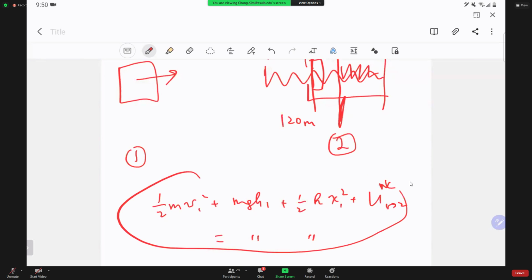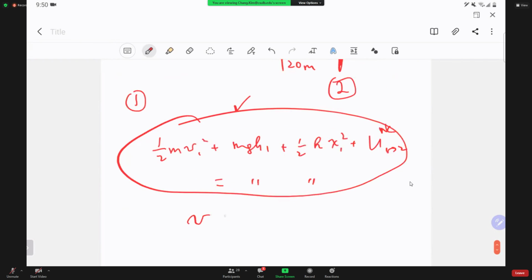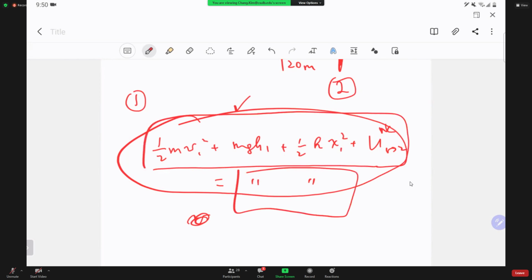So see if you can use this equation to find, not the velocity, in this case, whether the left-hand side is equal to the right-hand side. Okay, so give it a try.